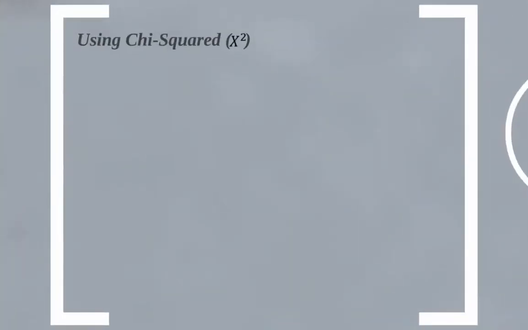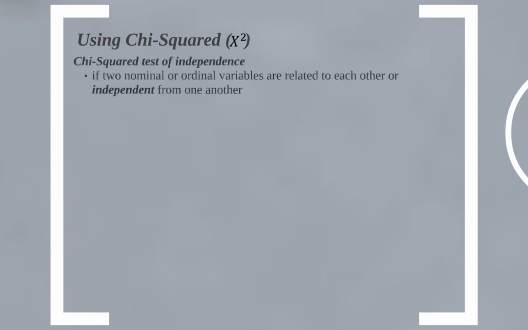So let's talk about the use of the chi-squared test and how we can actually use chi-squared to be beneficial for us. First let's talk about the chi-squared test of independence. What we're looking at with the test of independence is asking whether or not two nominal or ordinal variables are related to each other.